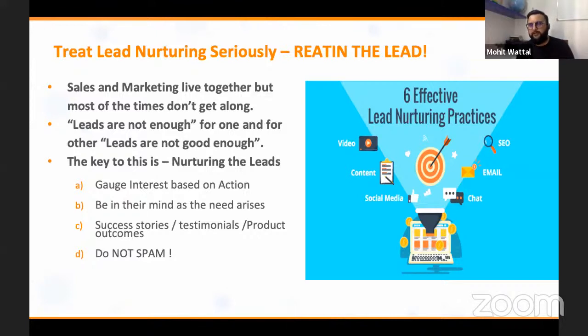We could make content that is relevant to the buyers or the product that the particular lead had shown interest in. I could do a chat engagement, I could do an email engagement, I could send them a video frequently, I could send them news articles. So these are a few ways that you could constantly be in touch with your lead.